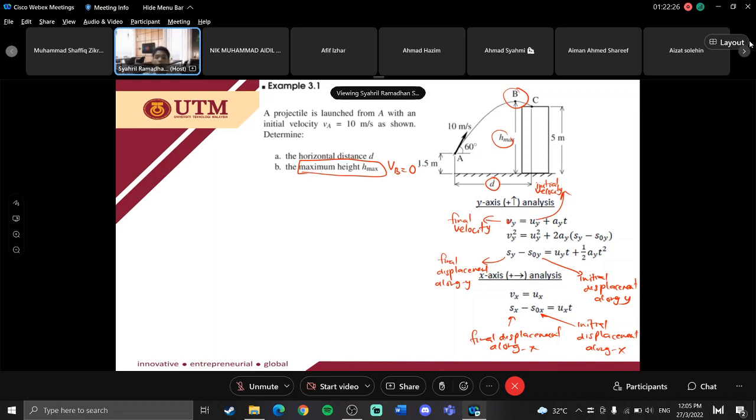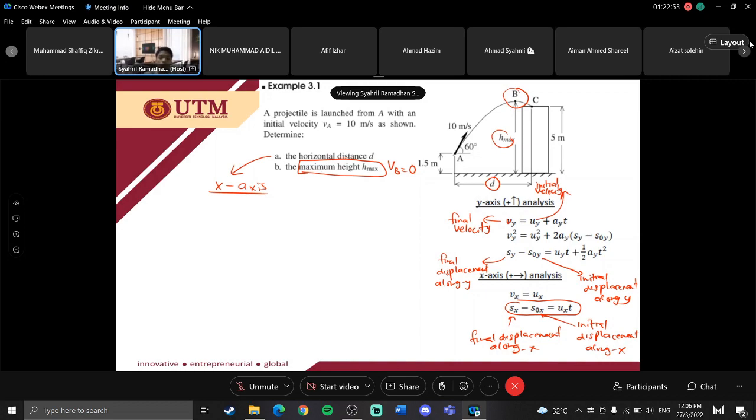All right, so first we go on horizontal distance. When we talk about horizontal, it means you need to use the x-axis. In order to use the x-axis, the only equation available to you is sx minus s naught x equal to uxt.